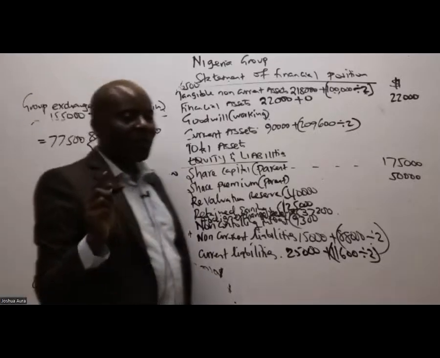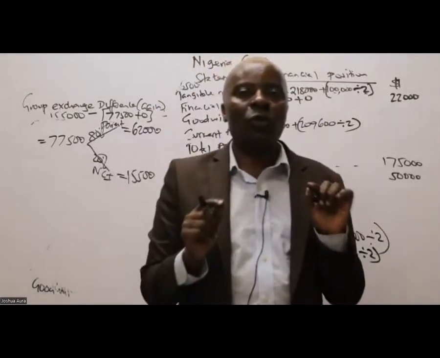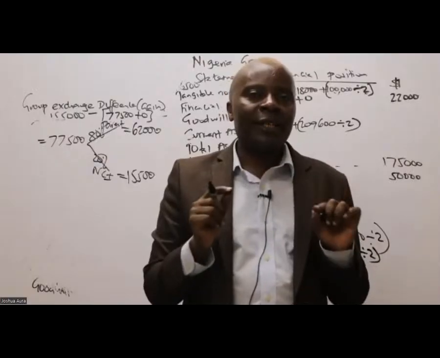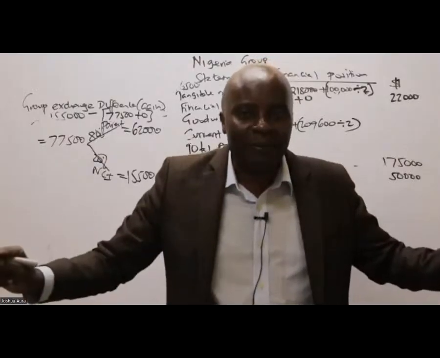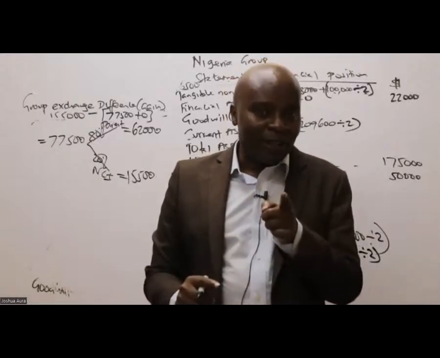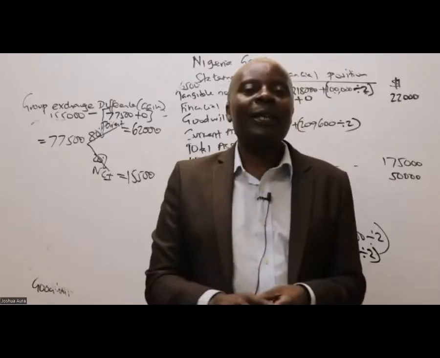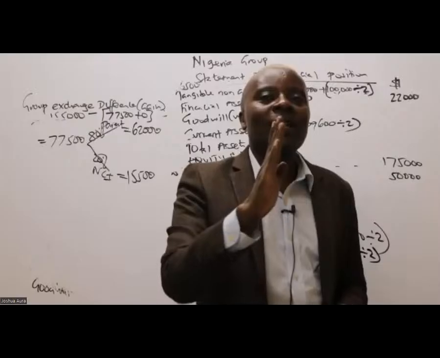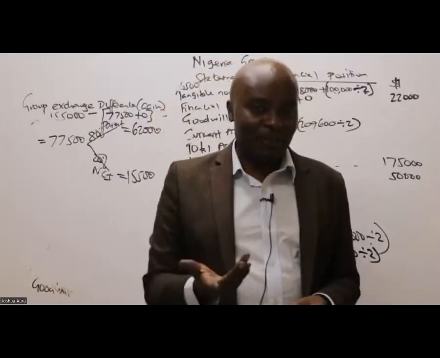In the income statement, these revaluations which come as a result of foreign currency translation will go to what we call other comprehensive income. These amounts are never available for sharing to the group owners as dividends. You cannot tell people that upon translating our subsidiary, this is a genuine income.